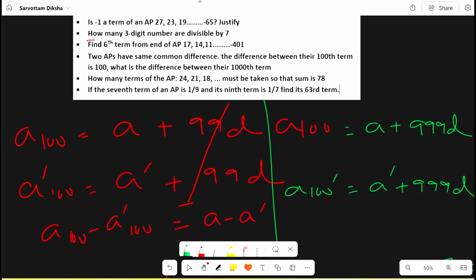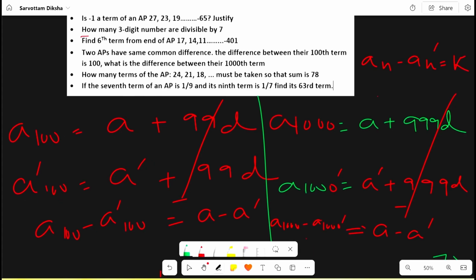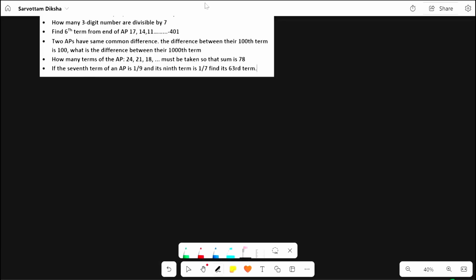Same way, even if I find for the 1000th term, when you subtract, your 999D will again get cancelled, and the difference between the 1000th terms is nothing but A minus A dash. So if two APs have the same common difference, the difference between every nth term will be constant.